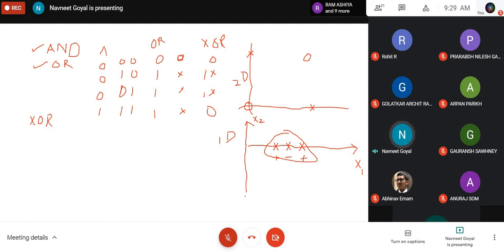And this is X2 dash in this direction, that is the negative. So this is suppose 0. X2 dash indicates negative values or the negative direction. So now, if I were to make it linearly separable, what should I do?